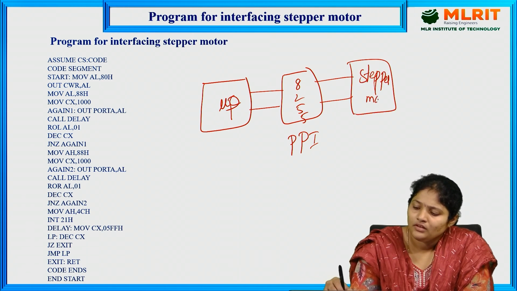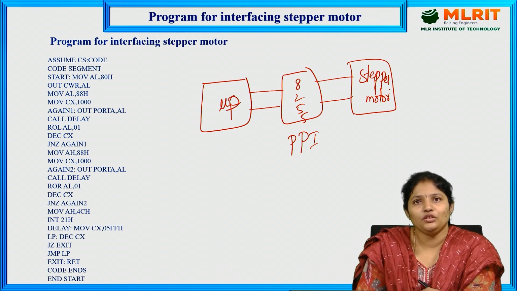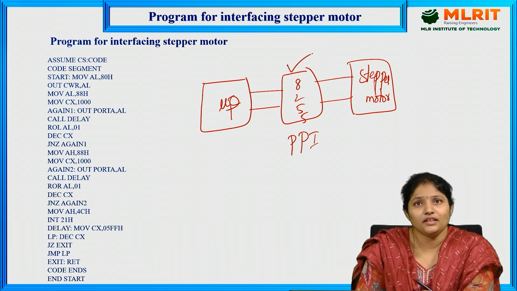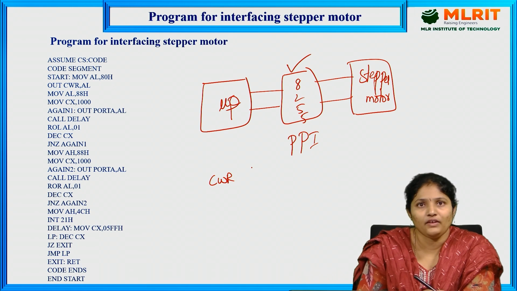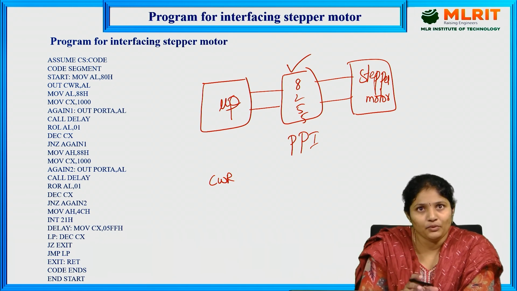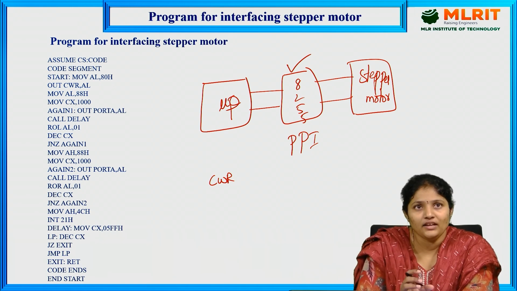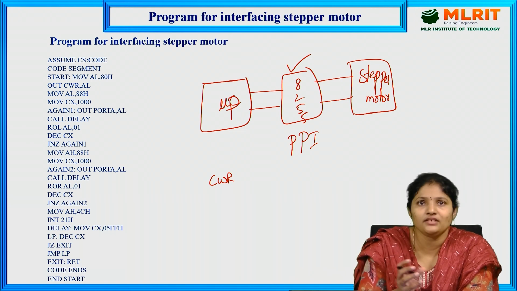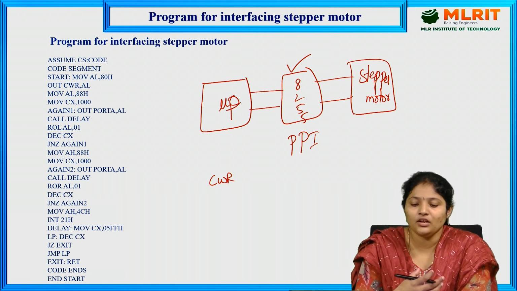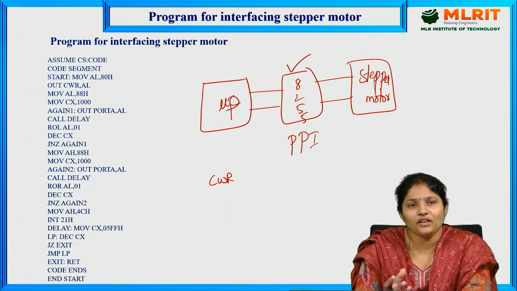Now, to use the ports of the 8255, it is necessary to write the CWR. So to write a program, it is compulsory to write the control word register of the 8255 to interface any input-output devices. Now tell me, here the stepper motor, is it acting as an input device or an output device?